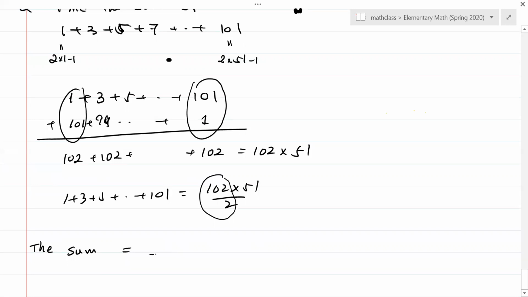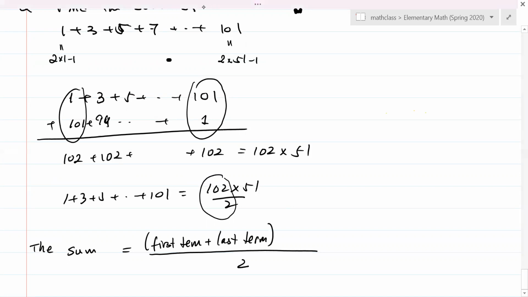You can also write it like this: the sum of the first term plus the last term, that's what we did here, right?